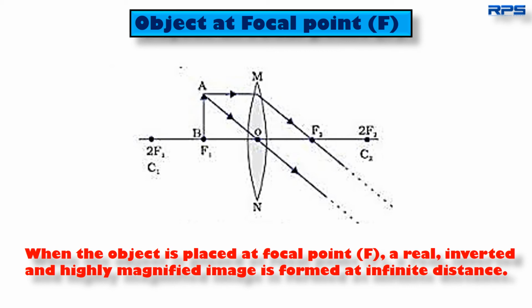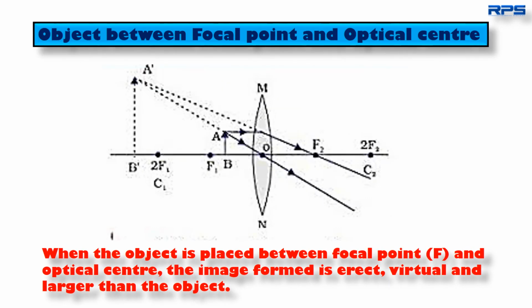When the object is placed at focal point, a real, inverted and highly magnified image is formed at an infinite distance. Object between focal point and optical center of the lens. When the object is placed between focal point and optical center, the image formed is erect, virtual and larger than the object.